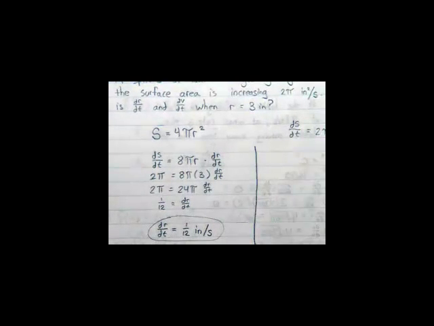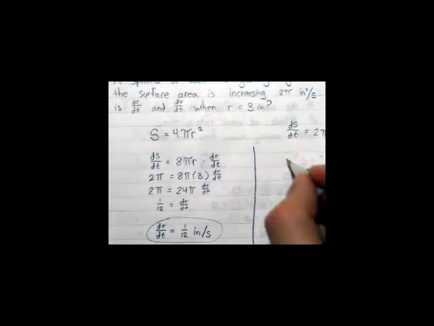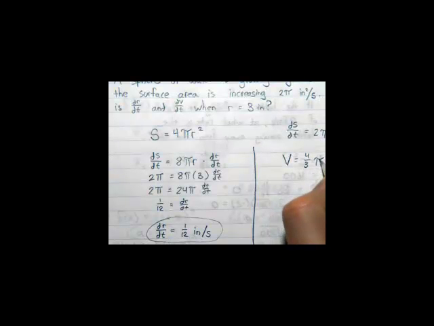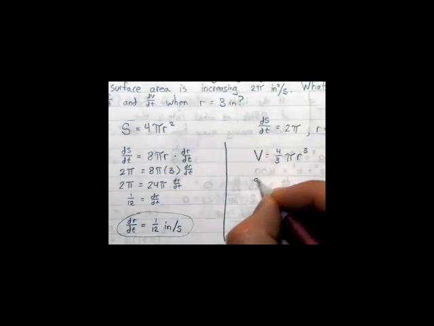All right. We still got to figure out this dv dt, which means we're going to have to pull out the volume formula for a sphere as well. Do some of the same kind of stuff like we've been doing. The volume of a sphere, we had a problem like this in your homework last night. 4/3 pi r cubed. Don't know if you have that one memorized yet or not, but don't worry about it for right now. Derivative step, dv dt.